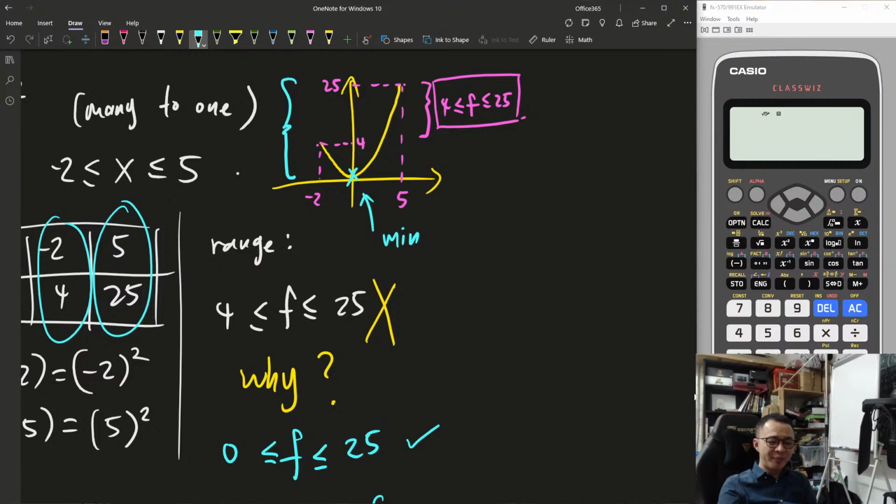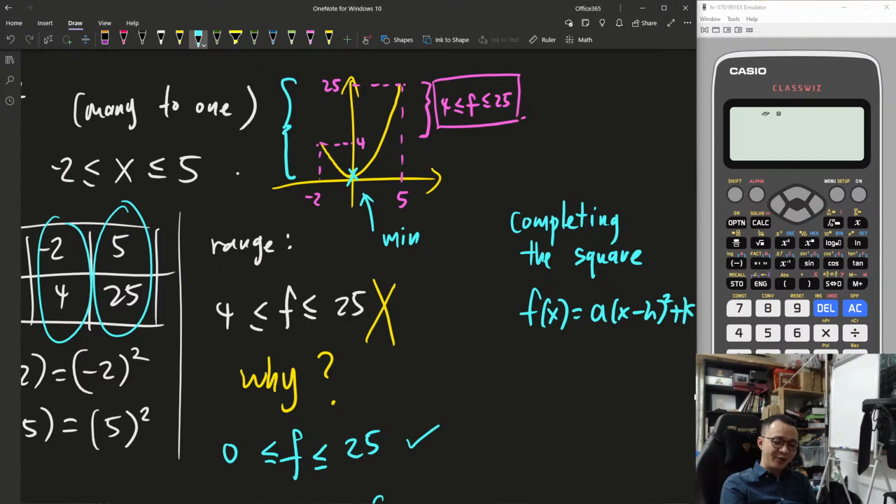The simple way, you need to learn chapter 2 first. I'm not sure how many of you already learned chapter 2 quadratic. You need to do completing the square. If you never heard about completing the square, it's fine. It's basically f(x) will be a(x minus h) squared plus k. You need to make your equation into this pattern, method number 1. This is how to get a minimum.